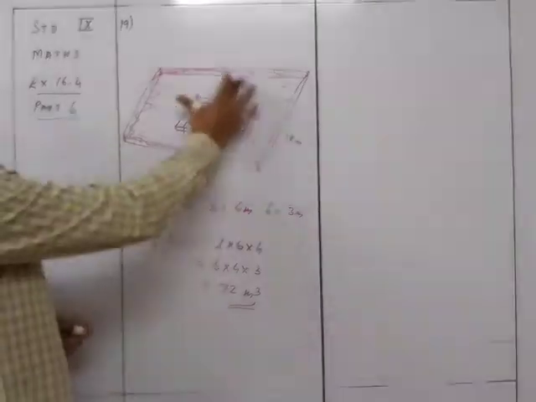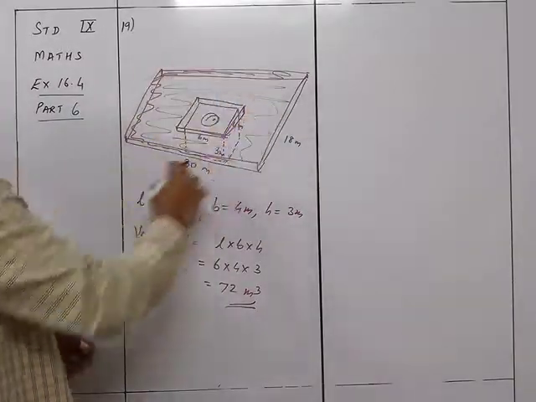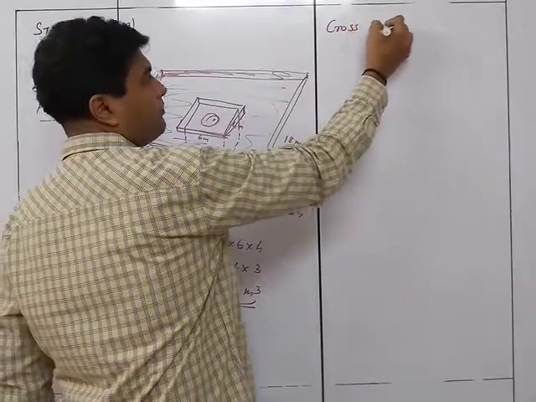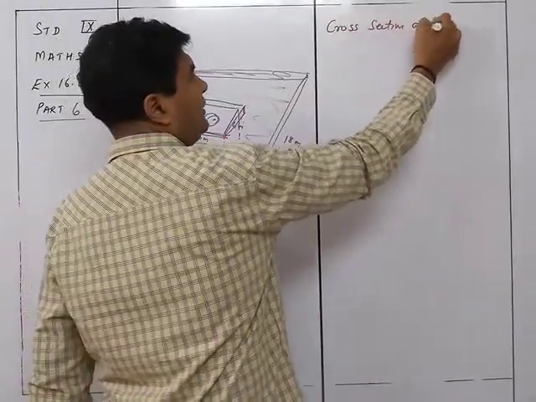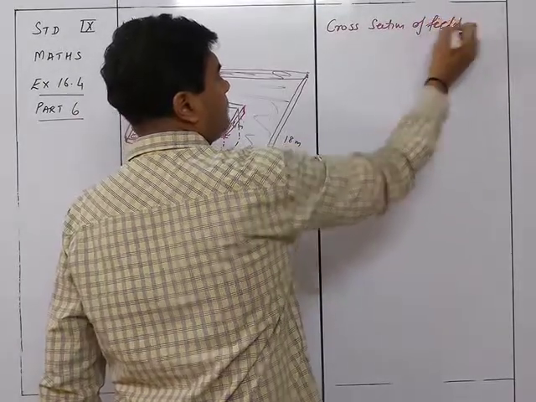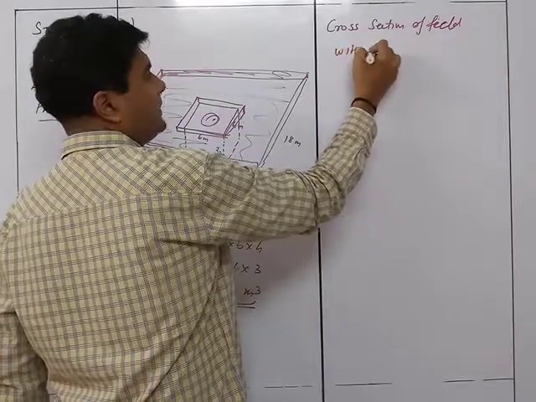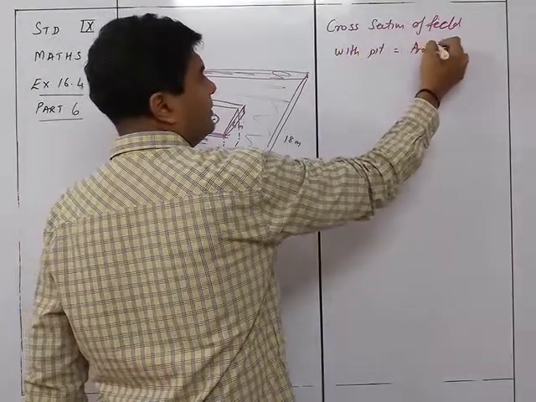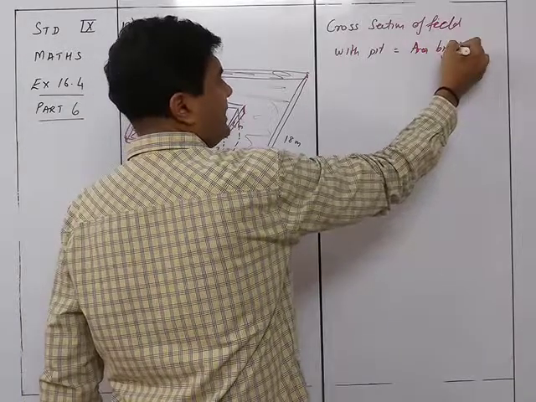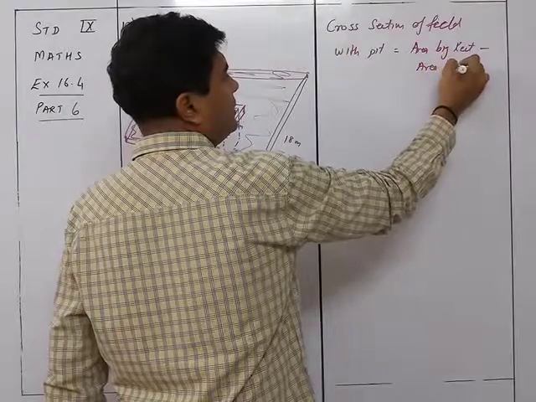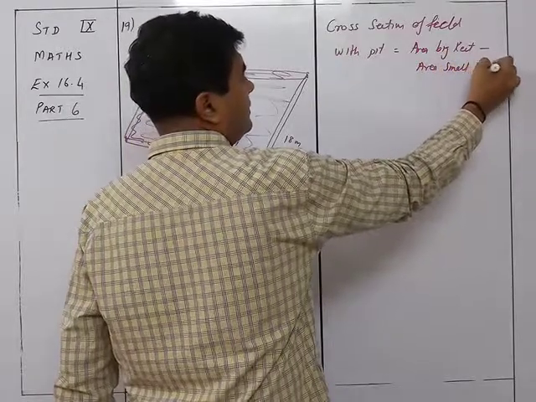Now what is the cross section of the remaining area, leaving this out? The cross section of the field with the pit is equal to the area of the big rectangle minus the area of the small rectangle.